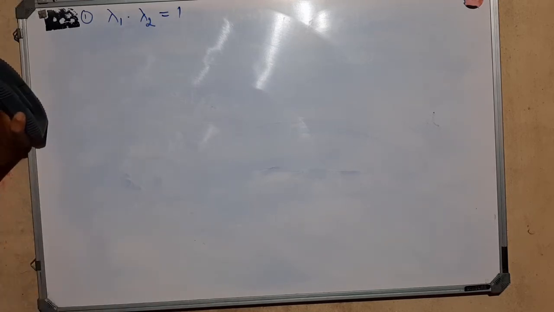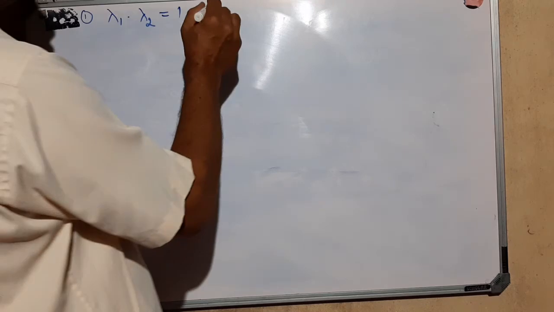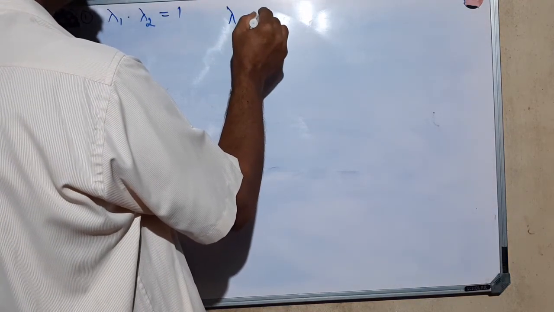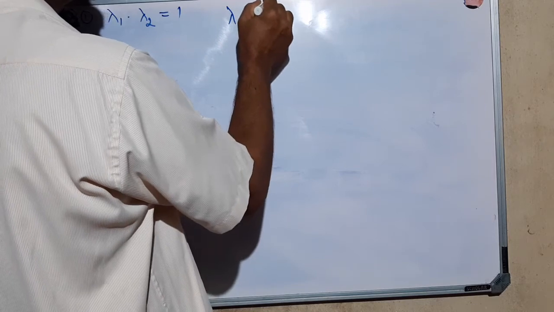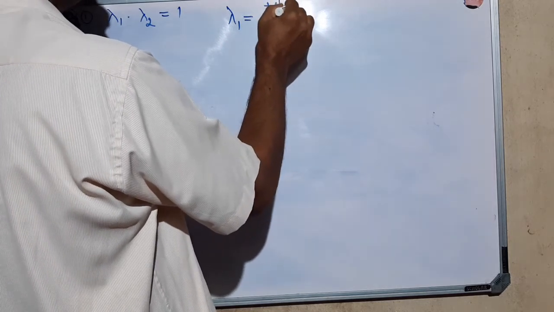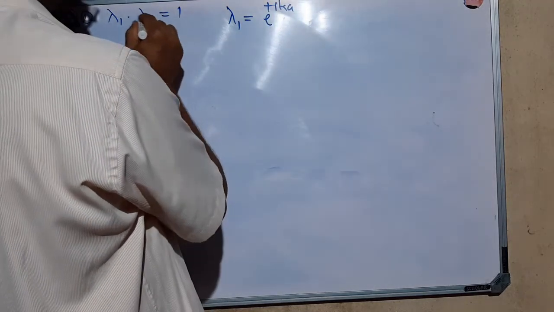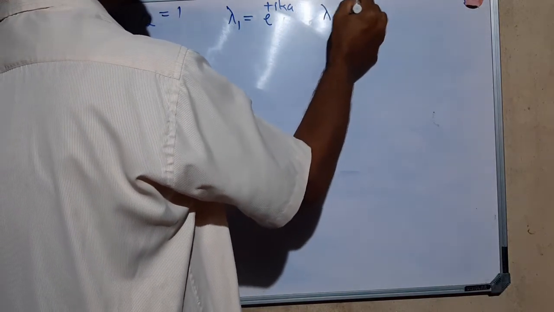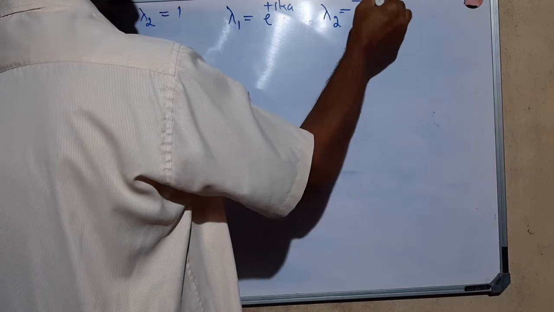When is it possible? If you take, say, lambda 1 is equal to e to the power plus i ka, to get product equal to 1, lambda 2 should be e to the power minus i ka.